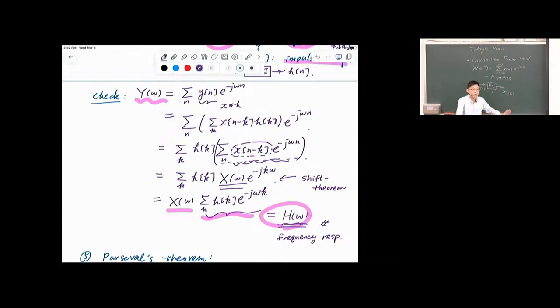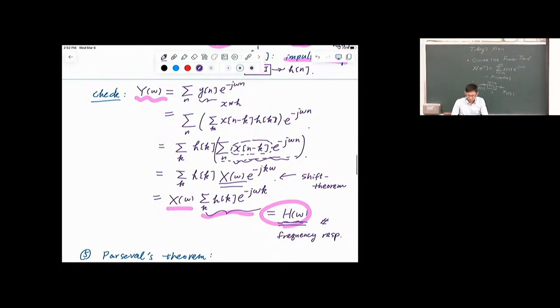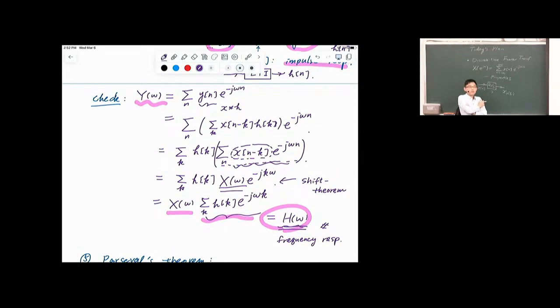That's the general context, and that's why this theorem is so important. It's probably the number one most important theorem that we'll cover in the entire semester. So I want everybody to be sure of its derivation and its meaning. Maybe I can pause for one minute.